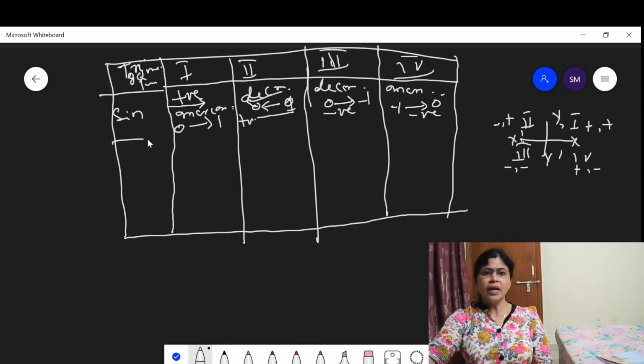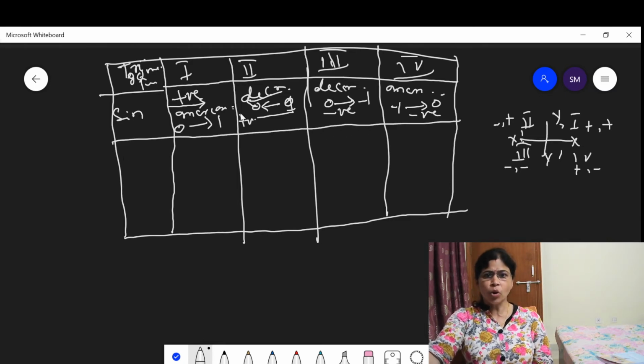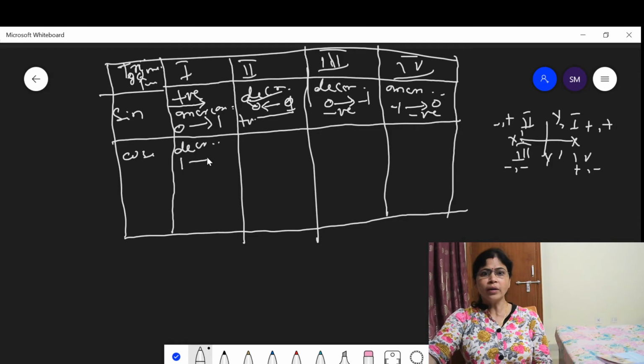Okay. Now we will discuss the cos function, cos theta. In the first quadrant cos theta is decreasing from 1 to 0.